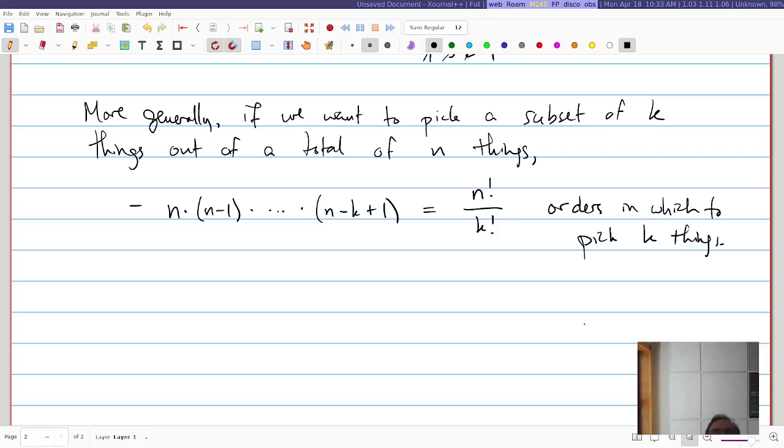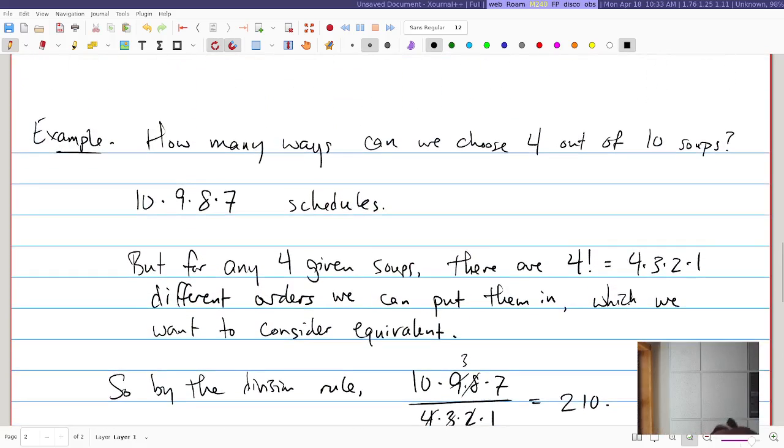Sorry, that's not k factorial, that's n minus k factorial. Yeah, because we have k things here, so we go from n down to n minus k plus 1, and then we want to cancel everything from n minus k onward, so that's why this is n minus k factorial. Okay, but that's kind of like 10 times 9 times 8 times 7. That's too big. That has lots of different orderings for things, and we don't care about the order.